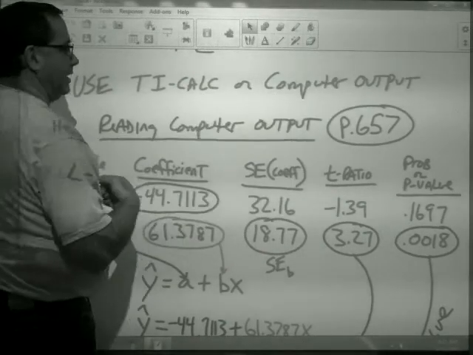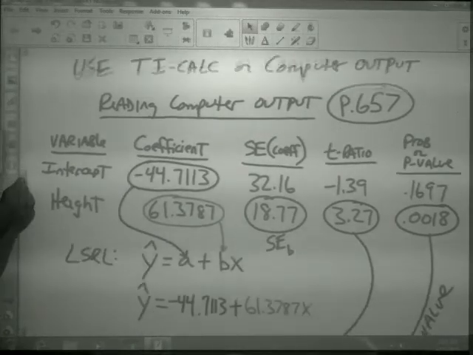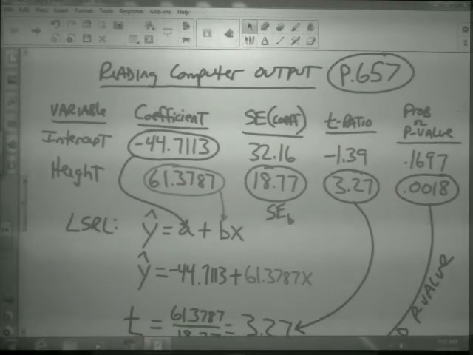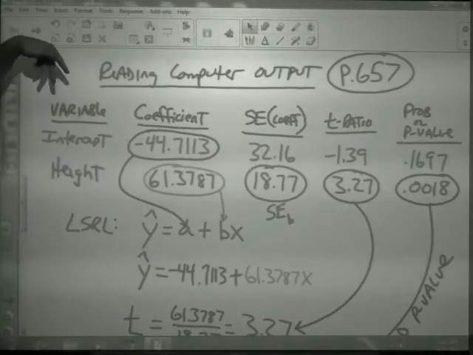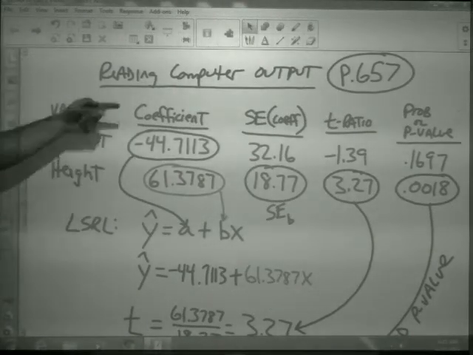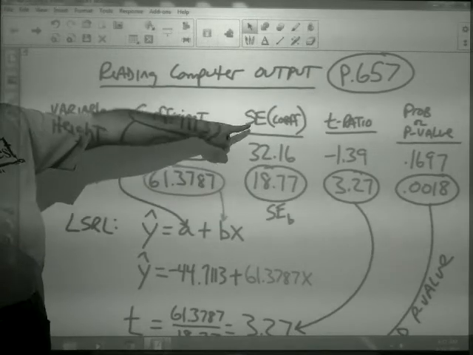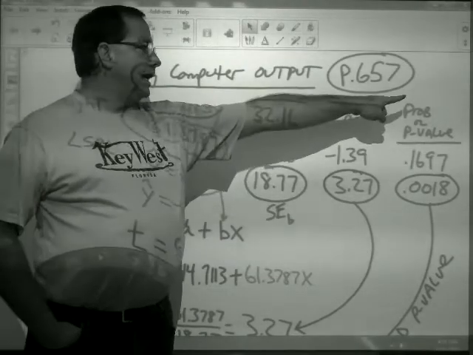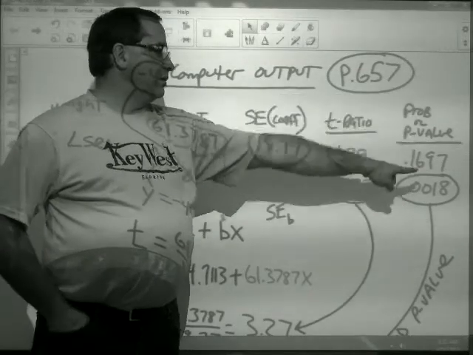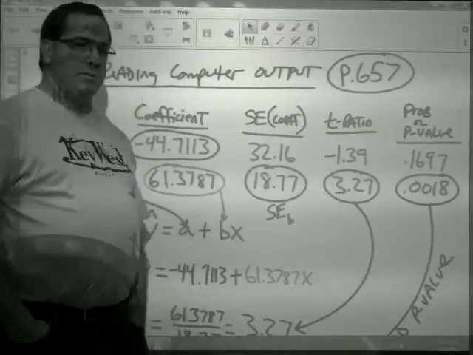So in your books on page 657, you'll see this computer output. All right? Now, the computer output has columns. One's called variable, coefficient, standard error of the coefficient, t-ratio, and probability or p-value. They'll interchange those names.